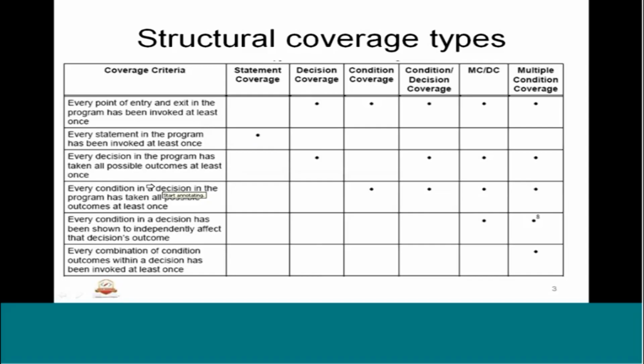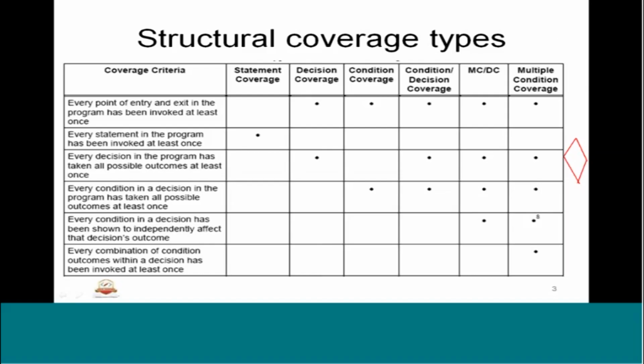The next one is every decision in the program has taken all possible outcomes at least once. That means we have a diamond box, a decision box. We can draw how it looks. So we have a decision box.